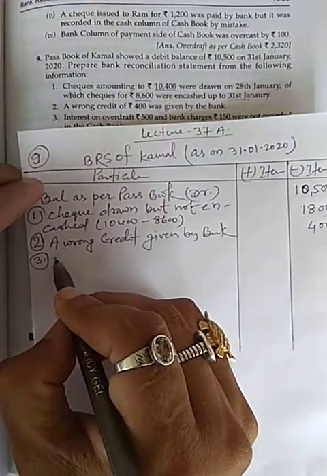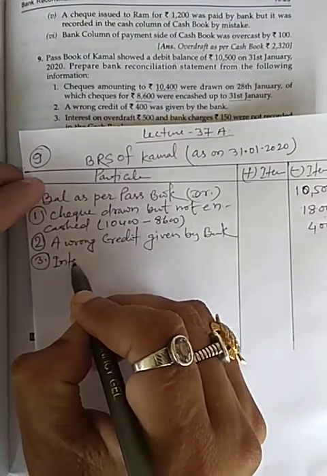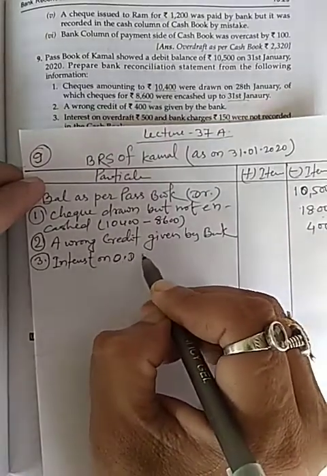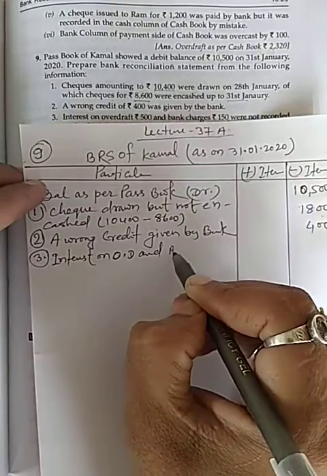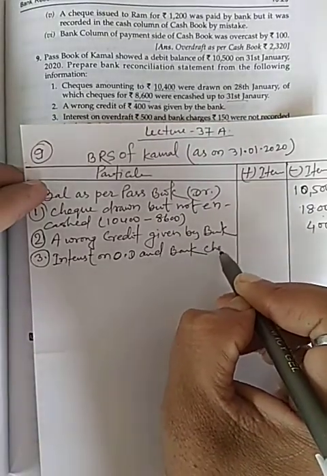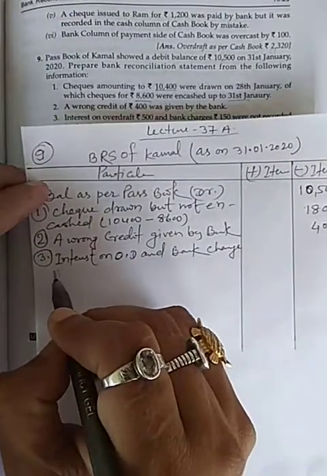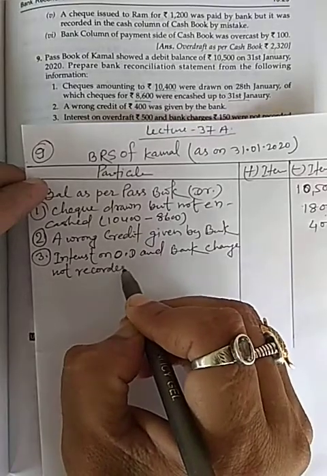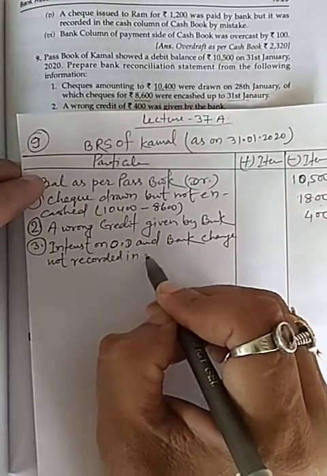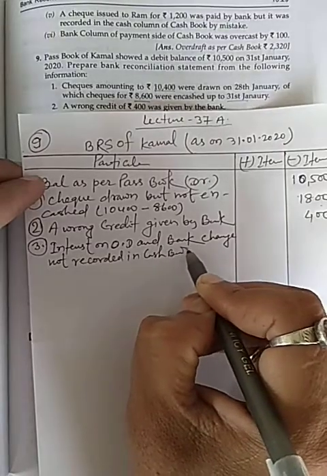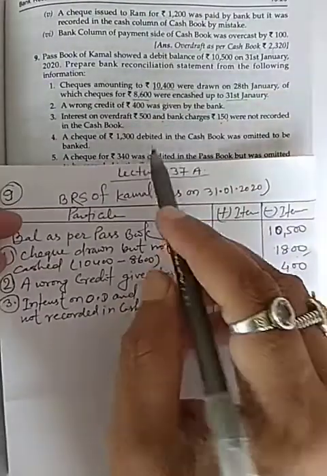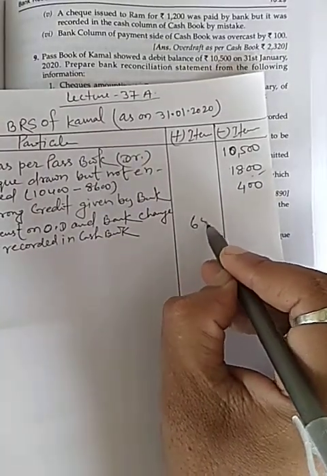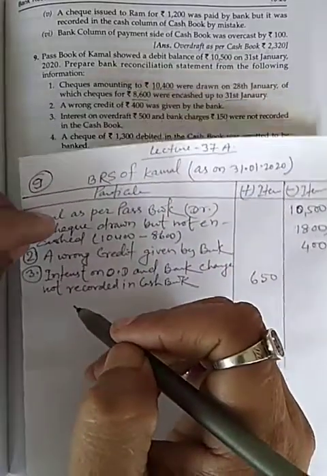So I will write interest on overdraft and bank charge not recorded in cash book, and including both the charge, it will be 650. So I will write in plus side.